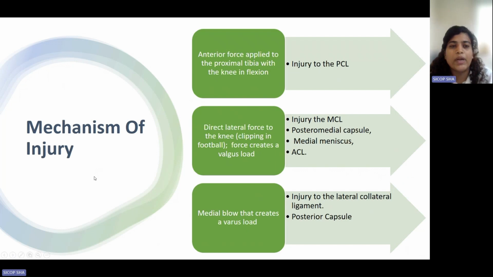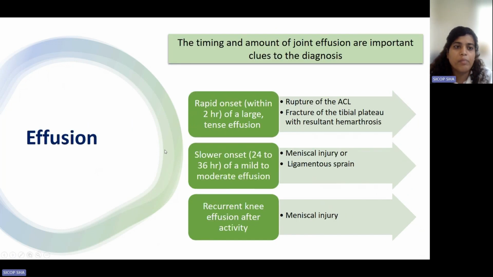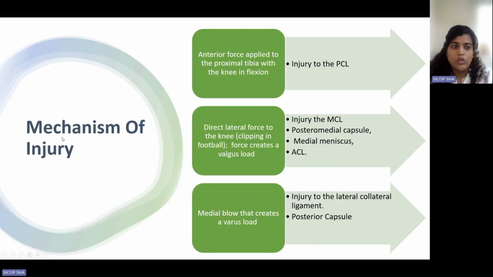So we need to be very particular about our listening skills while the patient is giving you history, and we need to be very particular about asking questions to the patient so that we have a clear idea to narrow down the diagnosis. So the mechanism of injury, which we usually don't notice or dig into while asking the patient for history, plays an important role.